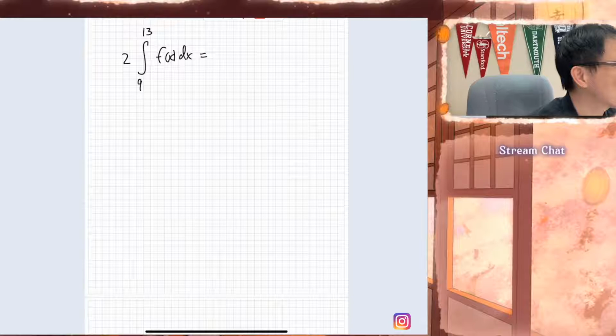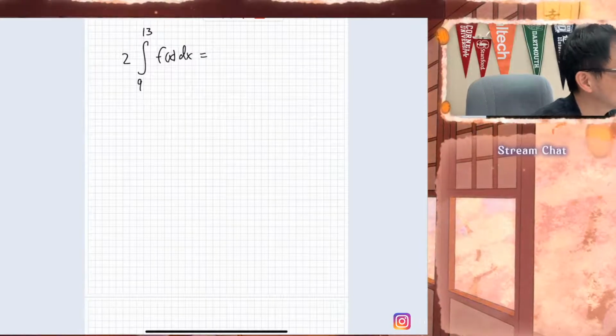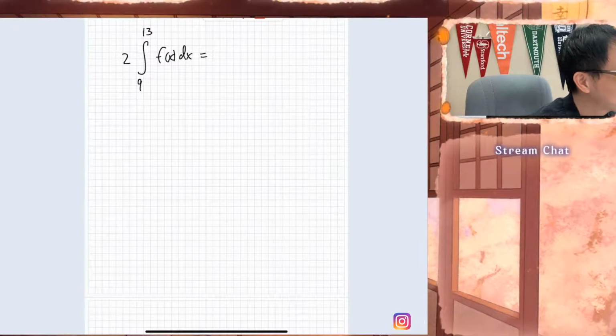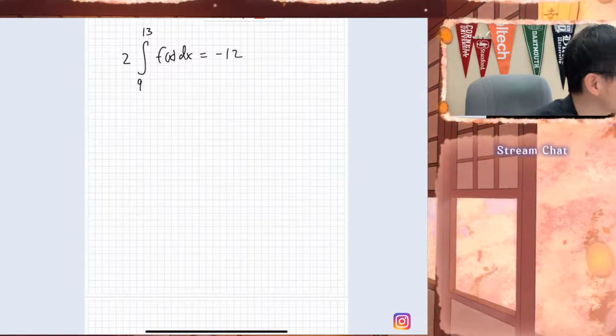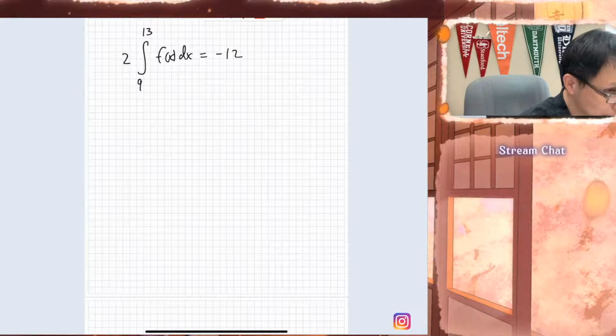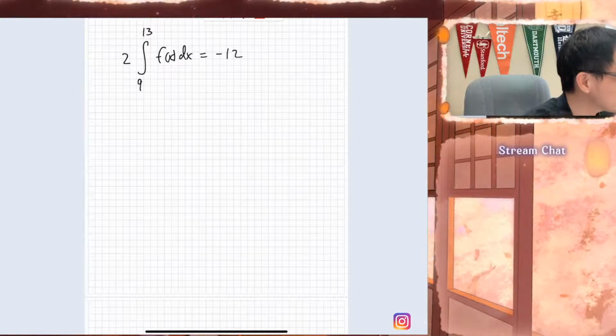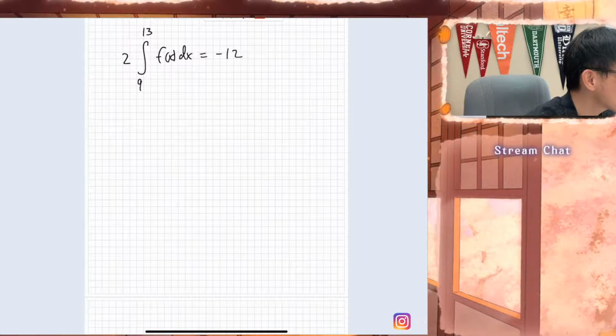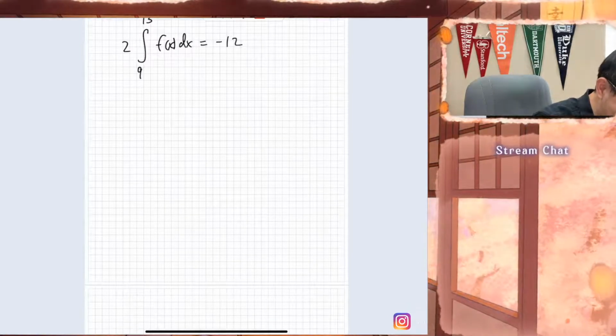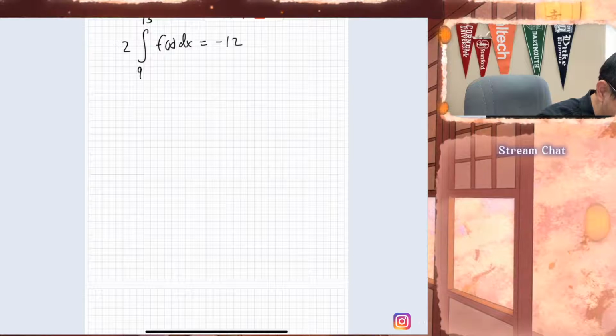That's equal to some even number. What's an even number you like? 12. Okay, we're gonna change to negative 12. Is that okay? Alright. So this means what? Between 9 to 13, this graph is probably below the x-axis. Does that make sense?